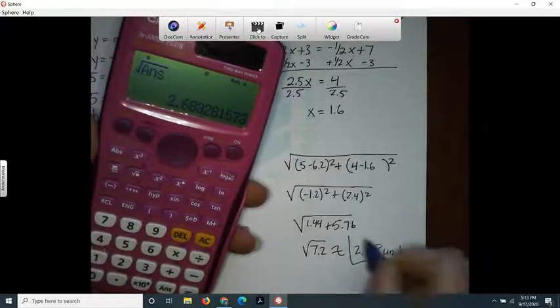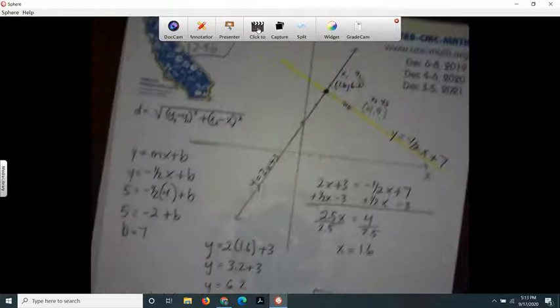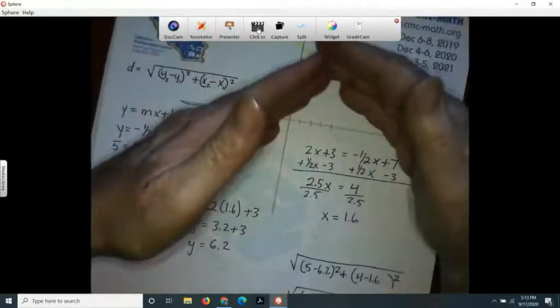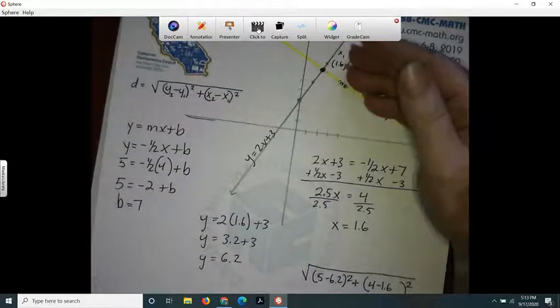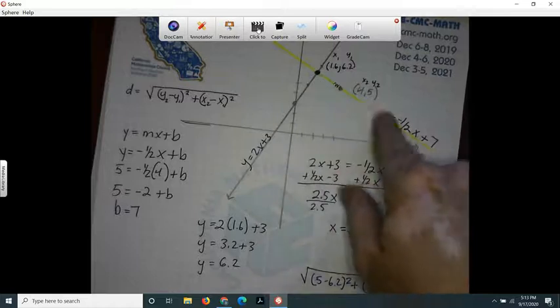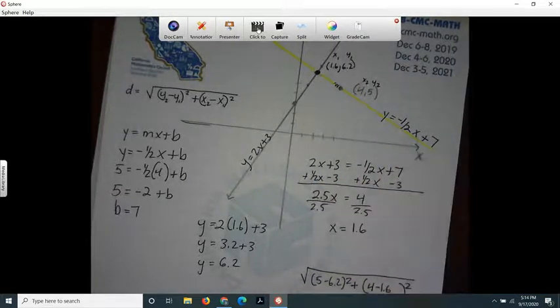So it took me a whole sheet of paper to do this. Even if you didn't draw the picture of the graph, I would still expect your work to show this. I don't think you'd be able to get the equation of this line just in your head. You'd have to write something down for this.